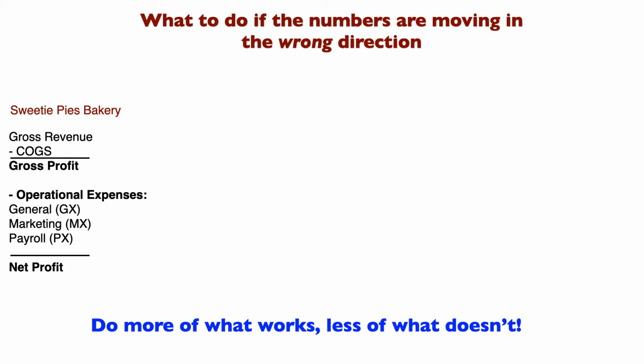So let's take a look at each one of these, as Sarah does. First, let's focus on that gross profit. Gross profit is the result of gross revenues minus the cost of goods sold. So to make gross profit get bigger, she can increase gross revenue and decrease COGS. How might she do this? Let's take each step.